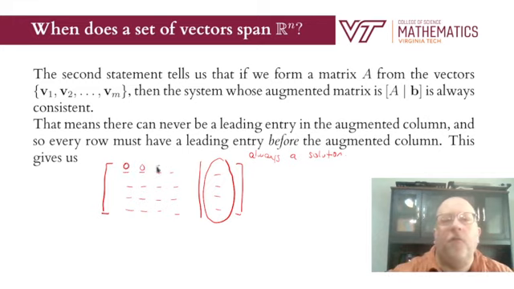If this was 0, 0, 0, 0, then I could put a 9 here and then there wouldn't be a solution.